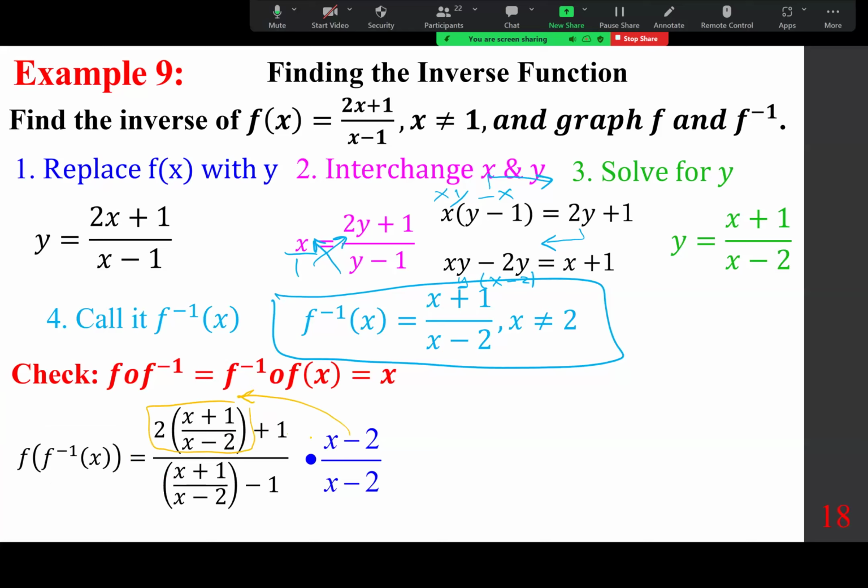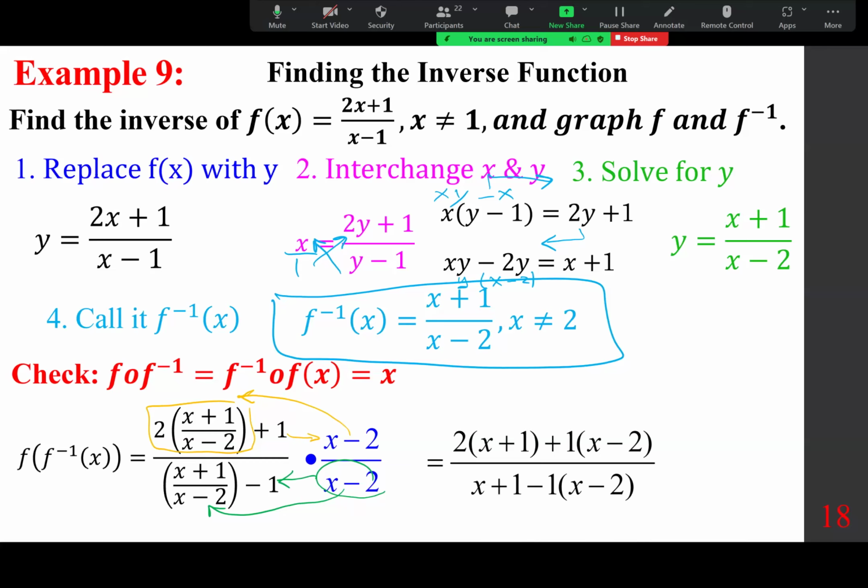Then I multiply this one by it, plus 1 times x minus 2. I multiply this one by this one. It cancels out the denominator and just gives me the numerator x plus 1 minus 1 times x minus 2.